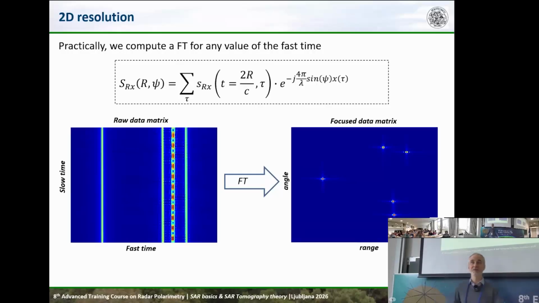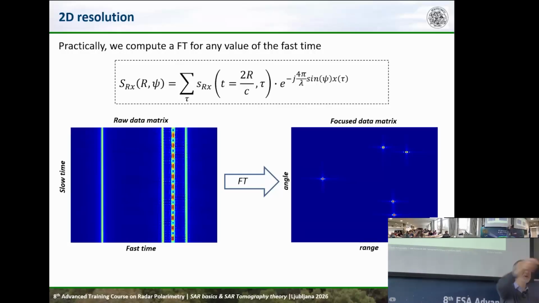Just imagine that every peak here is one of you. So if I played this game here, I will get as many peaks as many students you are. And this is how you build a radar image.